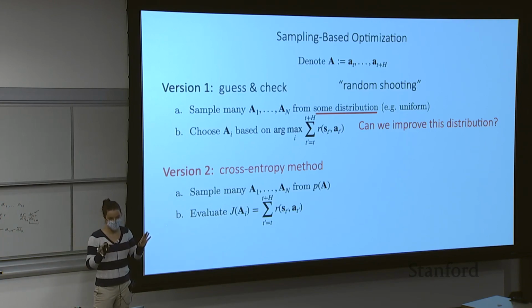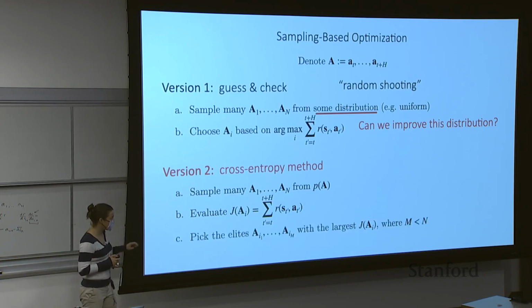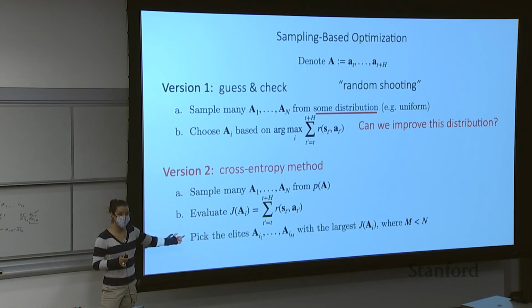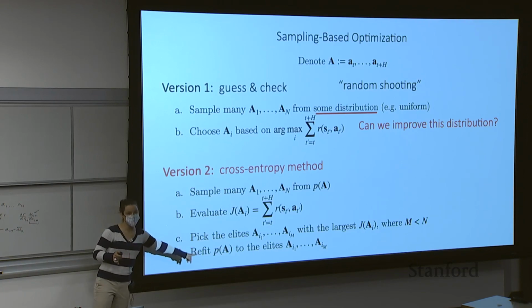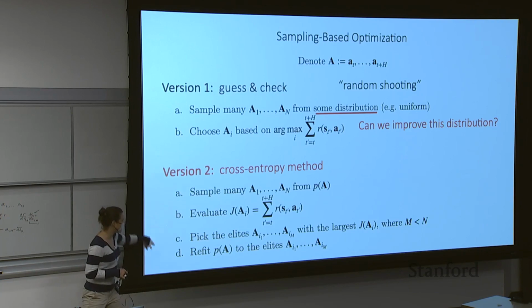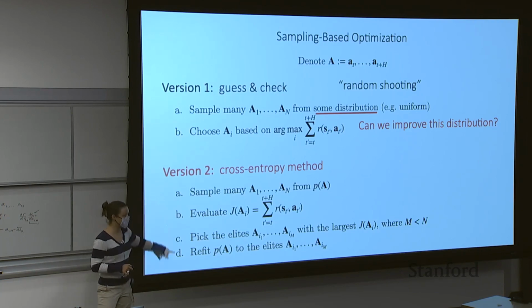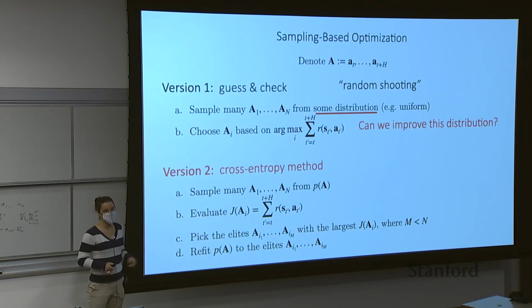We see how well they did. And then we'll pick the action sequences that had the best reward, and we'll refit a distribution to those best action sequences. And then we can repeat this process and resample from that improved distribution, iteratively refining the distribution that we're sampling from.